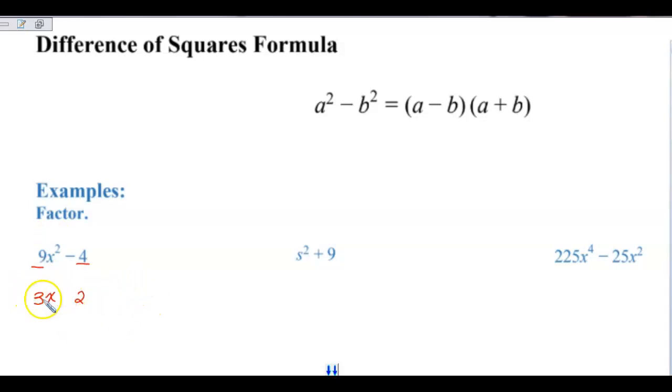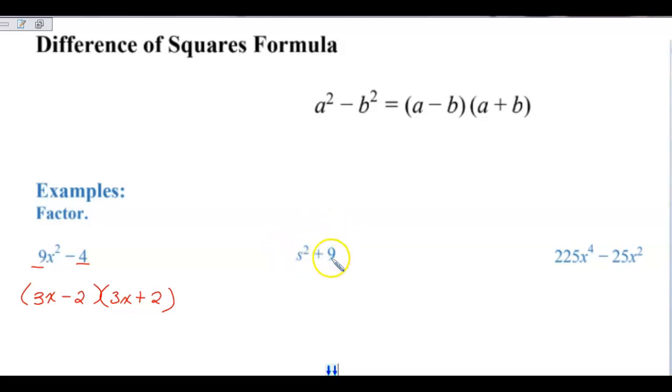So I'm going to have 3x and 2, and 3x and 2. And remember, because it's a negative 4, one is going to be positive and one is going to be negative, and it really doesn't matter which one is which. Okay, so let's take a look at the next example.